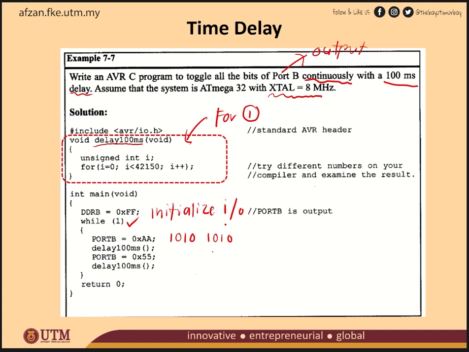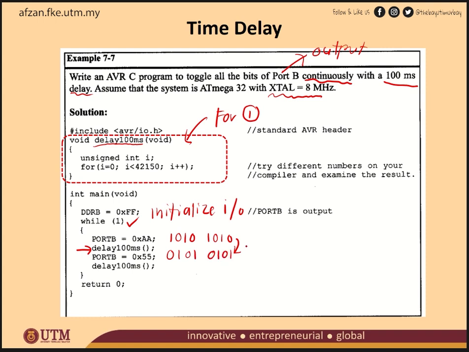After you send this number, then with a delay of 100 milliseconds, you call your delay subroutine. Delay 100 millisecond means that it will generate the 100 millisecond delay according to this for loop. And then PORTB equal to 0x55 means that you now toggle this number. Instead of 1010 1010, now you're going to send 0101 0101.